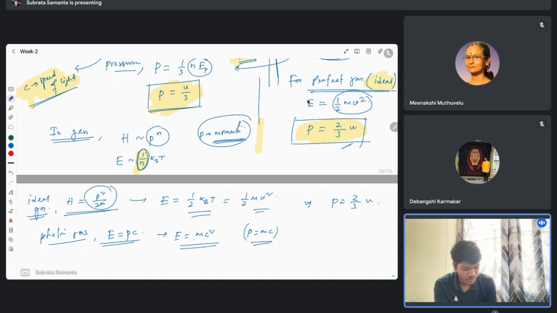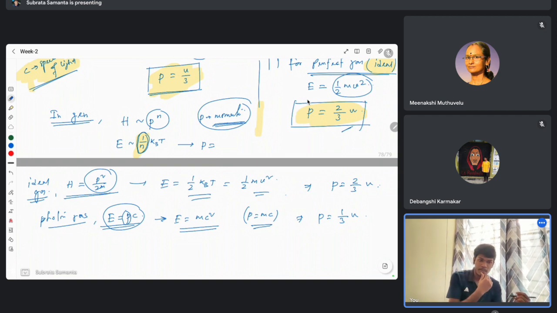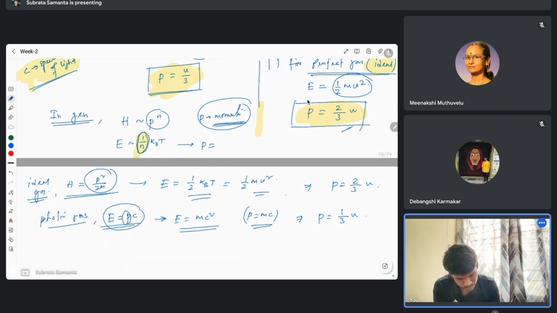So that's why we get E equals mc square. So the Hamiltonian and energy are on the same footing. So this E is proportional to p, right? That's why this P is U by 3, right? So that means if p to the power n, then we can calculate accordingly the P. So you can generalize this thing in this way.